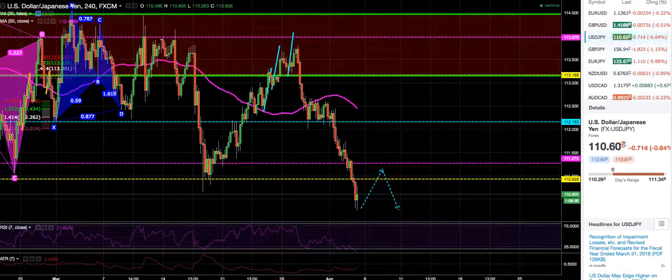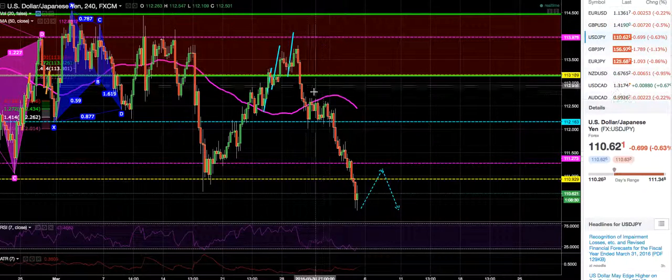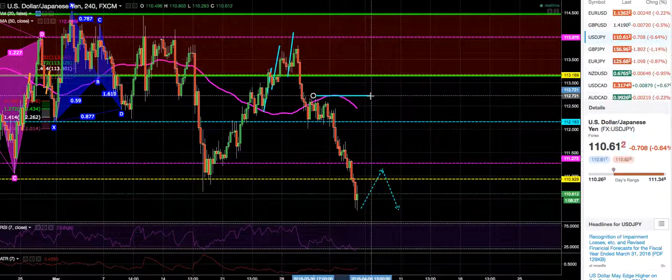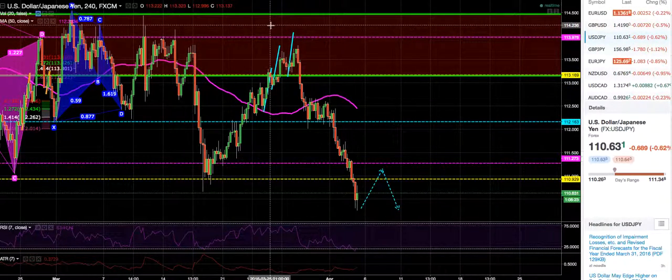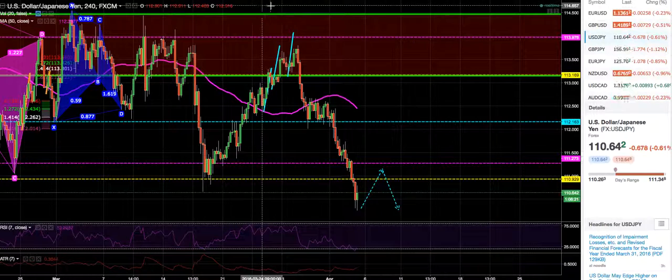Because per our rules, our stops need to be above structure. So here's one. It's not a preferred one, and here are the structure points, right?